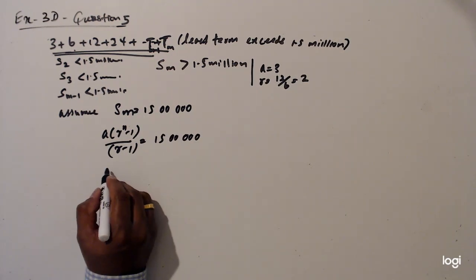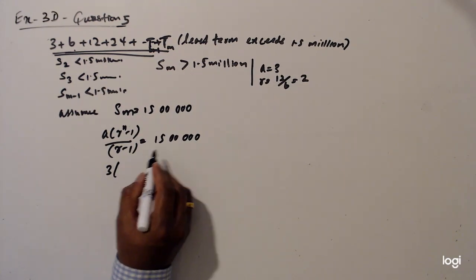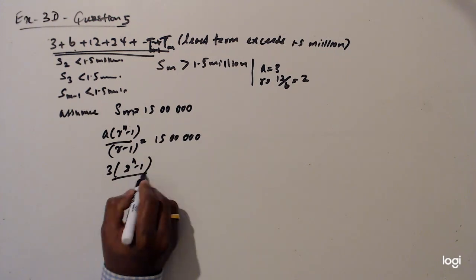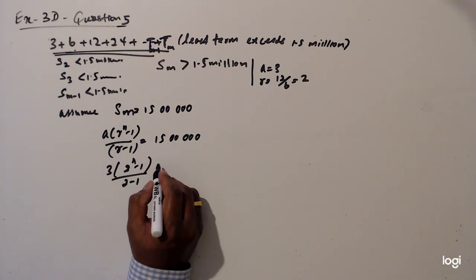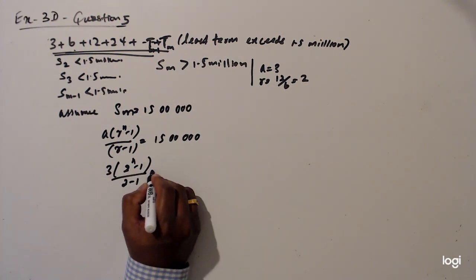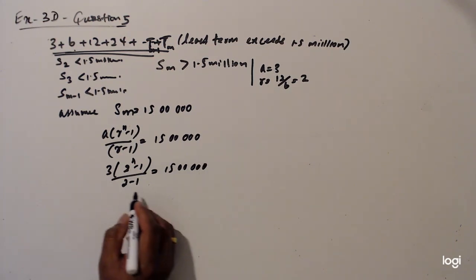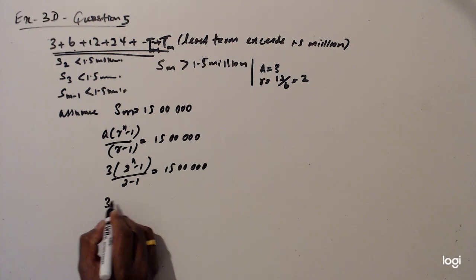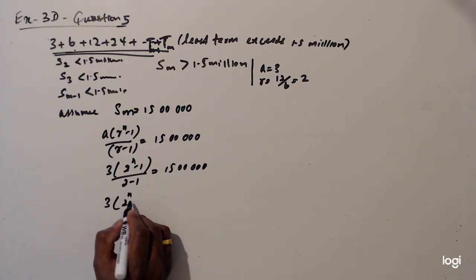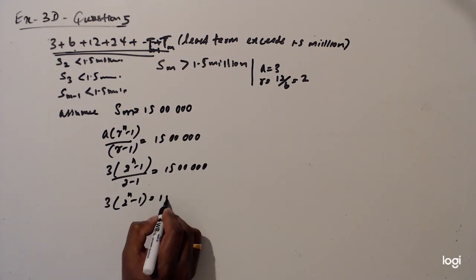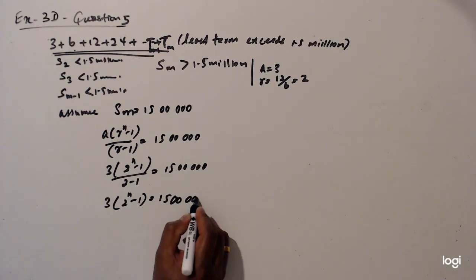So A value is 3, R is 2, to the power n minus 1, over 2 minus 1, equals 1.5 million. 2 minus 1 is 1, so 3 times (2 to the power n minus 1) equals 1.5 million.